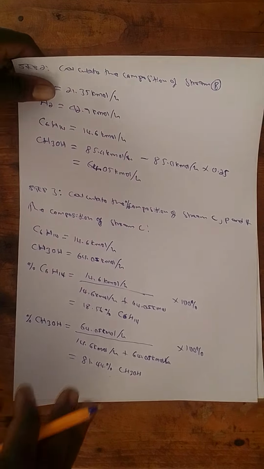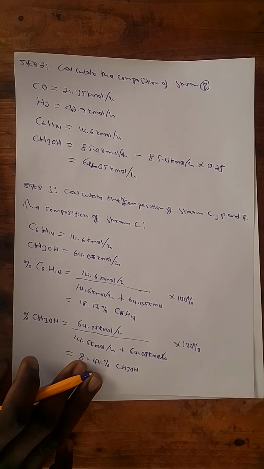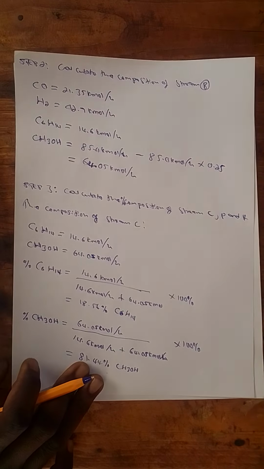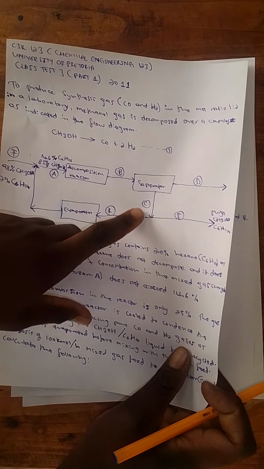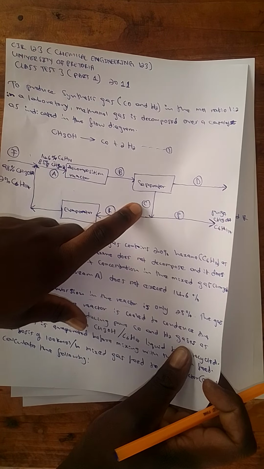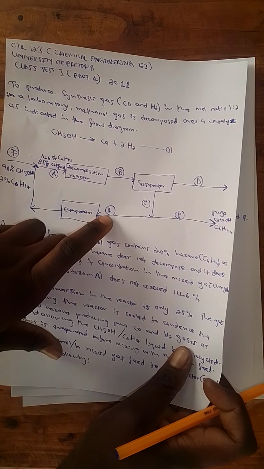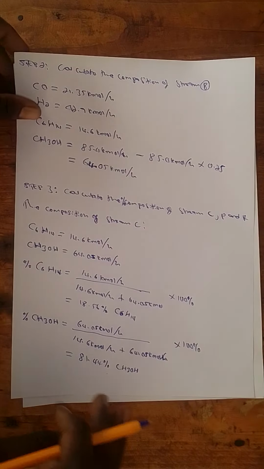And with that said, we can then answer the question. Remember, the question was saying to calculate the percentage composition of the recycle stream, and the recycle stream is actually here. So if we have the composition of this stream that comes from the separator, then we can get the percentage composition of this stream. And that's what I wanted to emphasize. So I can just say, therefore, percentage composition of stream R, right?